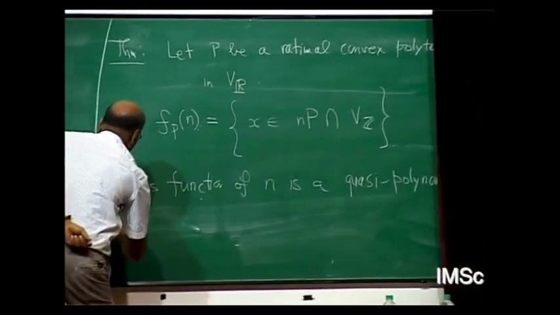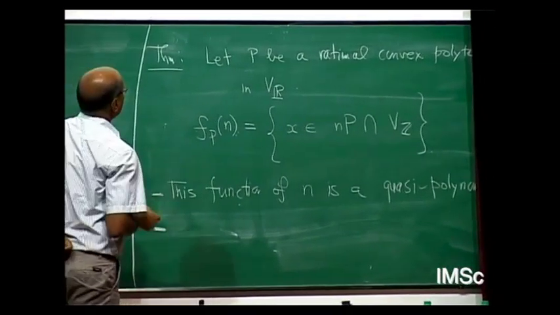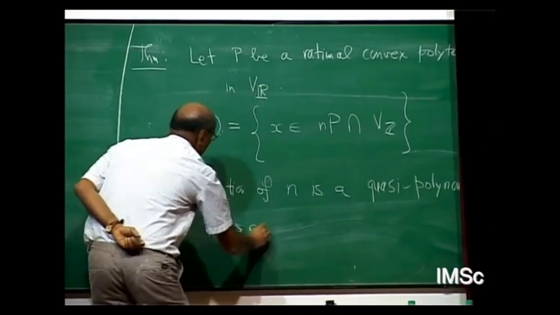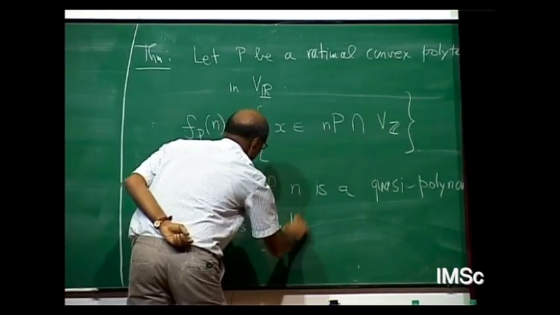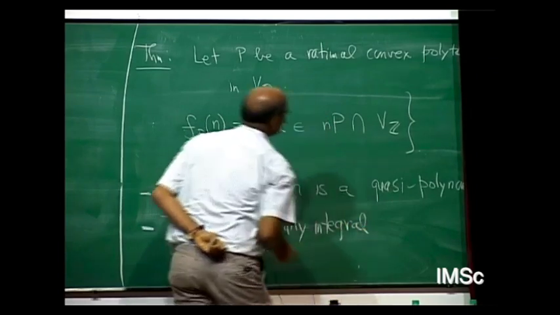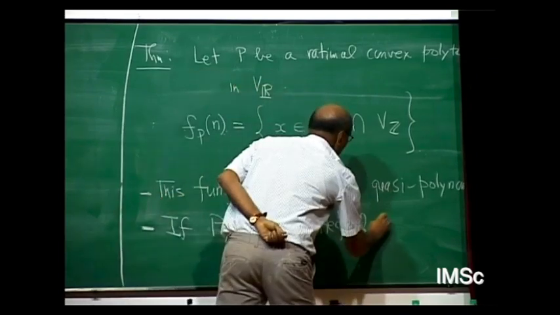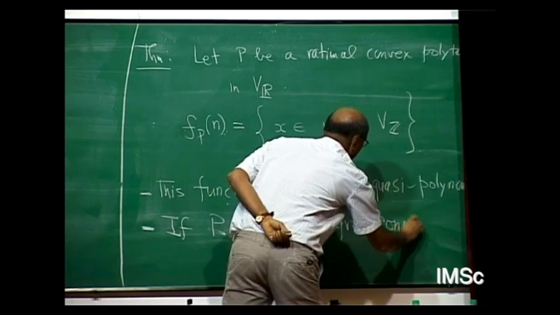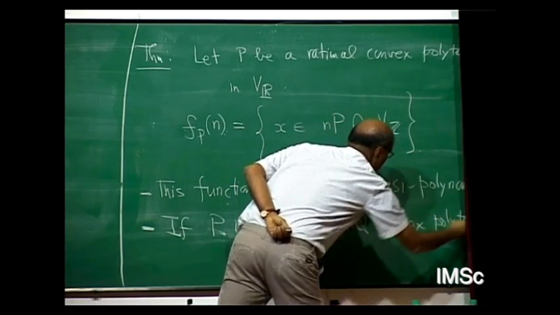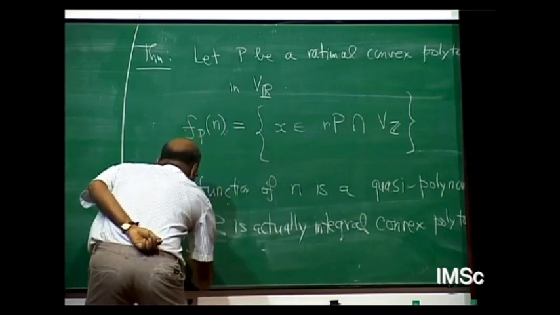And there is another aspect of this which says that if P is actually an integral convex polytope, then this is in fact a polynomial.